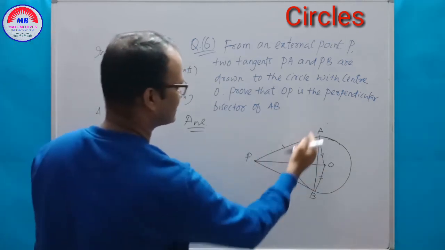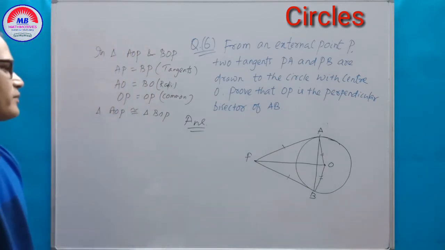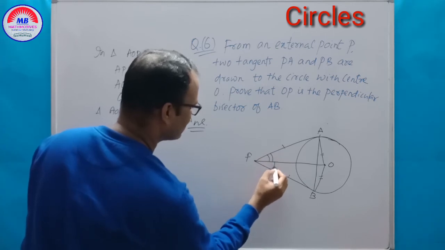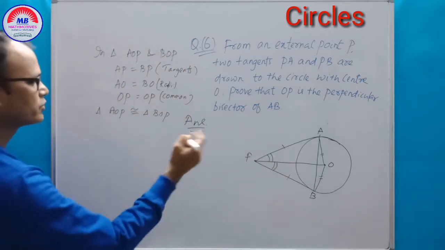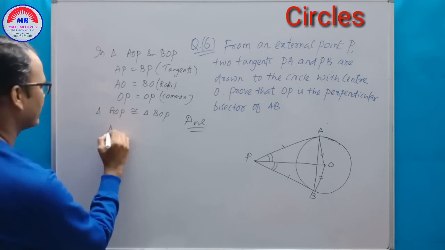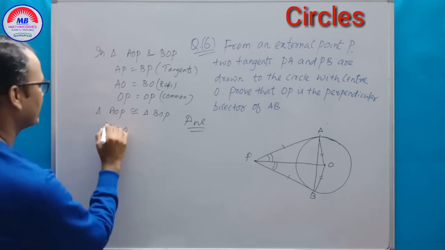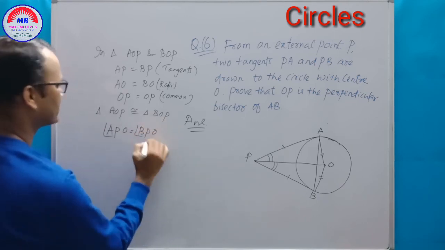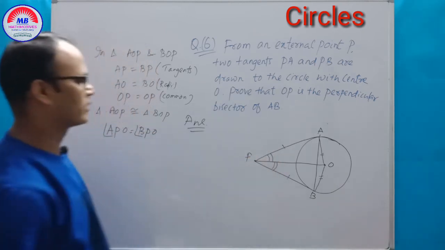If two triangles are congruent, then this angle will be equal to this angle, by CPCT. So we can write angle APO is equal to angle BPO. These two angles are equal.